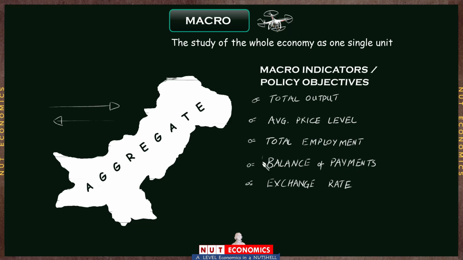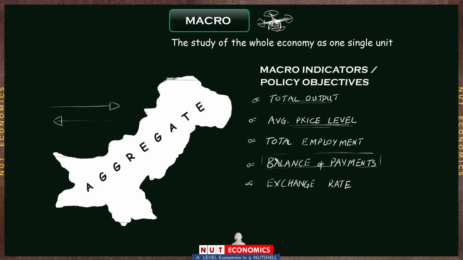But the issue is that if you implement a policy with the aim of correcting the balance of payments, yes, you may succeed, but that same policy at the same time will either slow down the growth rate of the total output of the country, or it may cause a rapid increase in the price levels of the country, and therefore inflation will be created.